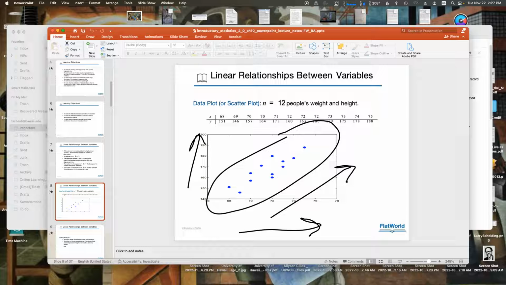We don't really know the slope or anything like that, but in terms of the scatter plot, we can see that there is some relationship between the two. Not too surprising, right? Most people are relatively balanced, I guess you could say, in terms of their weight and height.